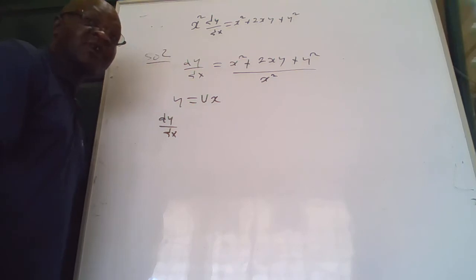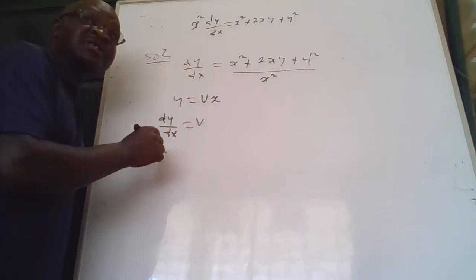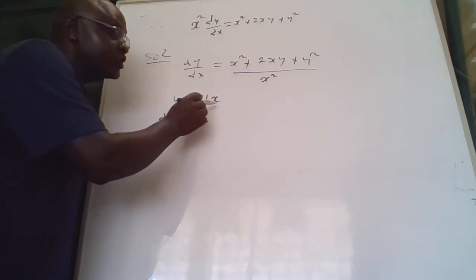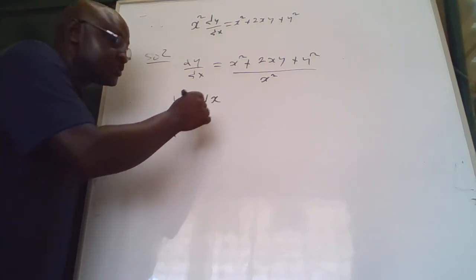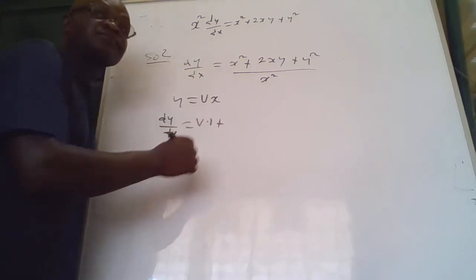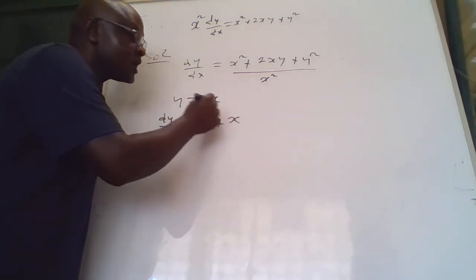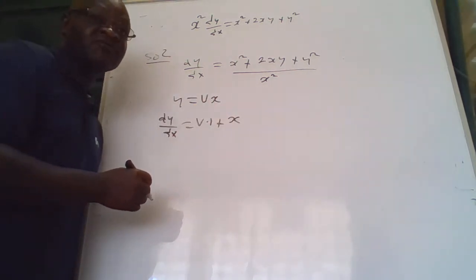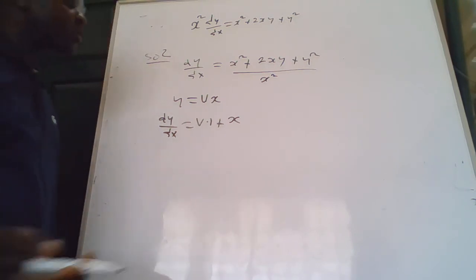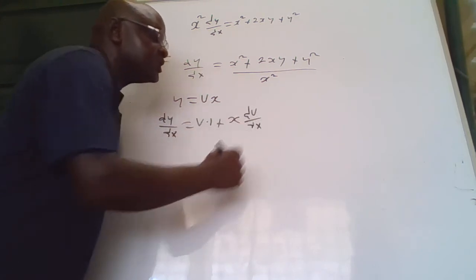We put down the first, which is v, and differentiate the second, which is x. When you differentiate x with respect to x, you get 1, then plus, we put down the second, which is x, and differentiate the first, which is v, with respect to x. When you differentiate v with respect to x, you get dv dx.